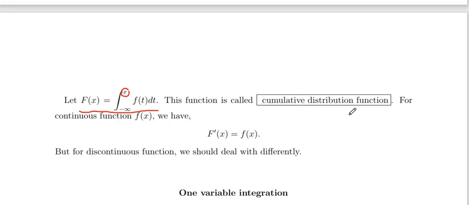For the continuous situation, its derivative equals the density function. But this holds only if f(x) is continuous. If f(x) is not continuous, discrete, or sometimes combined, where some part is continuous and some part is discontinuous, then we cannot use the derivative. We should use the definition.